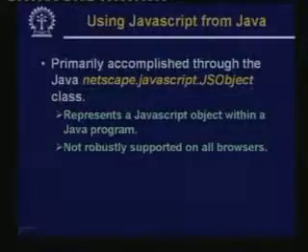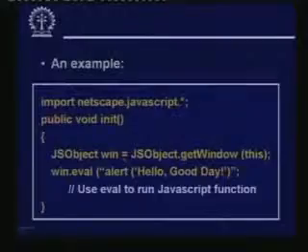This particular class represents a JavaScript object within a Java program. As I had said, this feature will not be supported on all browsers, and even if supported, some features may be supported, some may not. So, it is not very much recommended to use this feature when you are developing some web pages or applications.